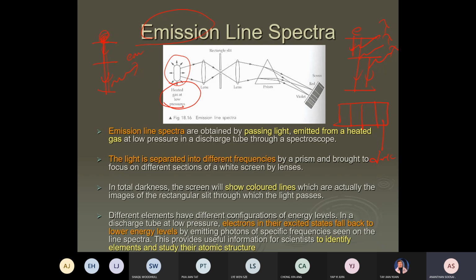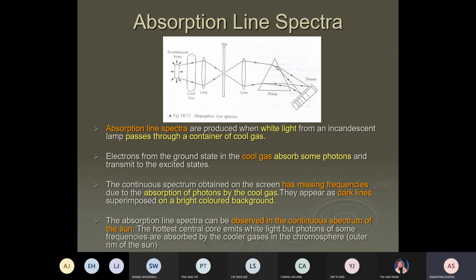Okay. So for absorption, of course, absorption means the electron from ground state absorbs energy and goes up. So initially the electron has to be in ground state. For the electron to be in ground state, the gas has to be at a low energy level, at a low temperature, so the type of gas we use is a cool gas. We use a cool gas so that all electrons are at ground state.